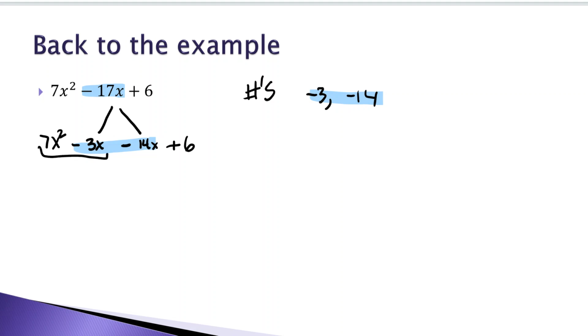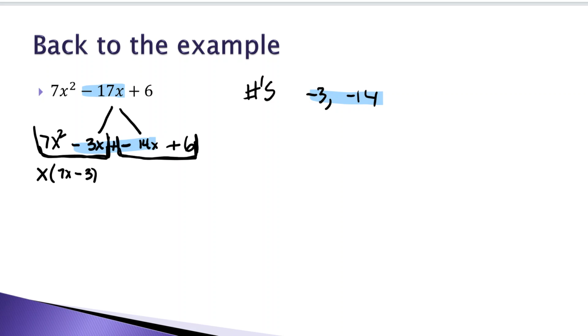So now let's look at this piece, and let's look at this piece. It's very important now to keep these two pieces separate, and I'll put a little plus in the middle here. So in the first piece, the only thing I can factor out is an x, and that'll leave 7x minus 3.